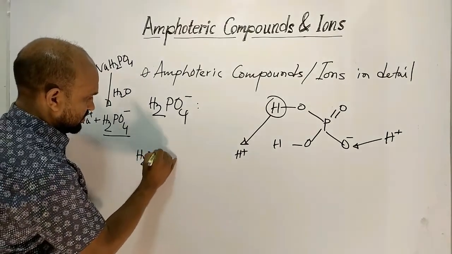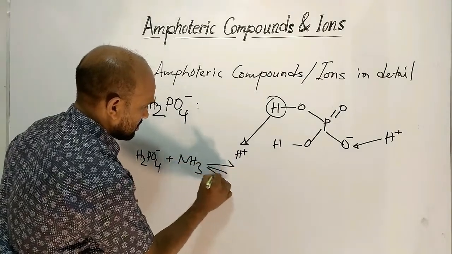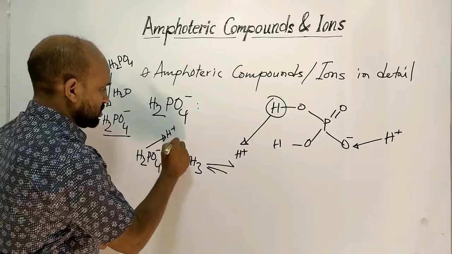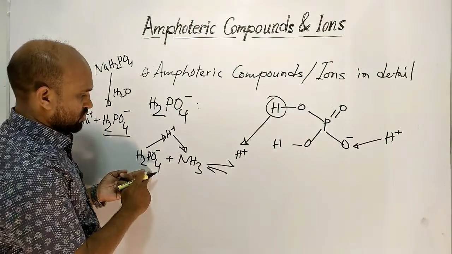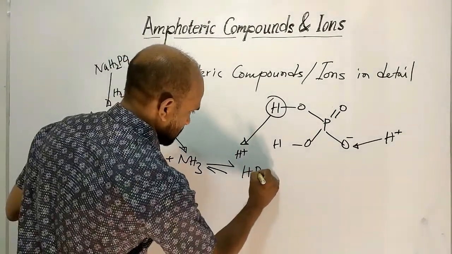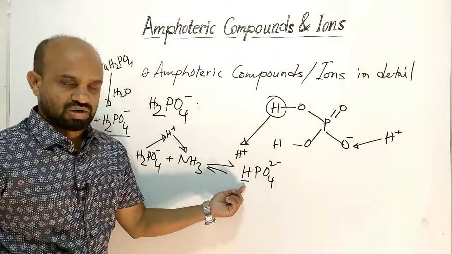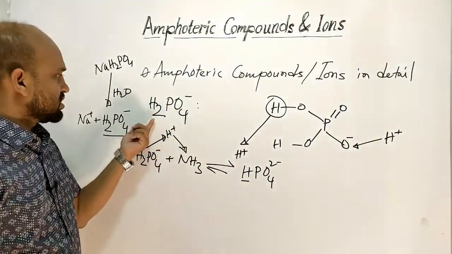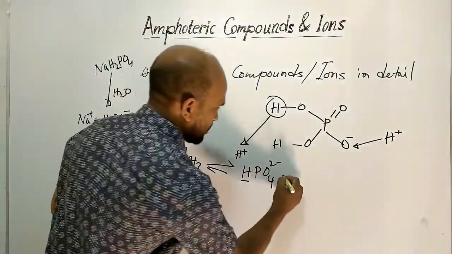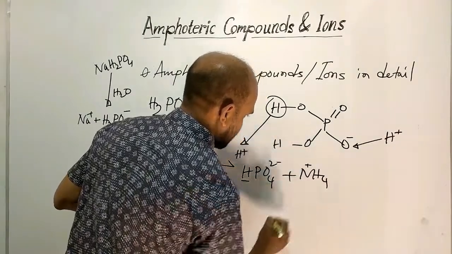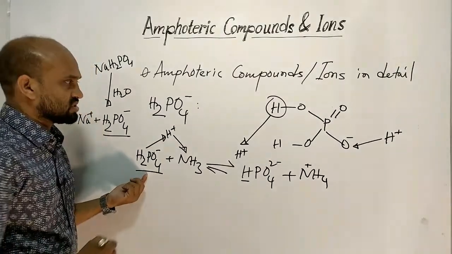When dihydrogen phosphate ion is added to ammonia, it donates a proton and ammonia accepts that proton. After donating the proton, it becomes monohydrogen phosphate ion. Mono means 1, monohydrogen phosphate ion. Di means 2, dihydrogen phosphate ion. And ammonia becomes ammonium ion. So in this reaction, this ion acts as acid.